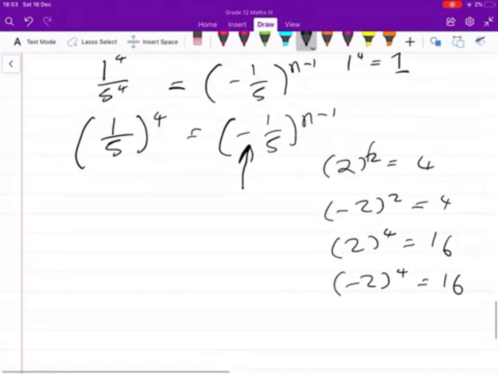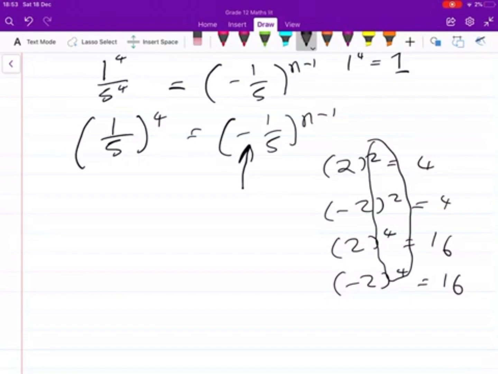So what you notice is that when we raise to an even power, we will always have a positive answer. So there's no difference, meaning if I write this as minus 1 over 5, the answer that I get here will be the same as the answer that I get there. I have not changed anything.